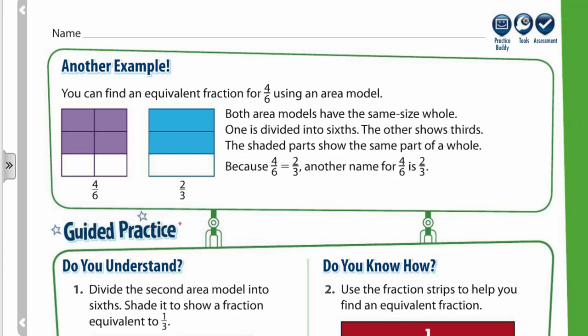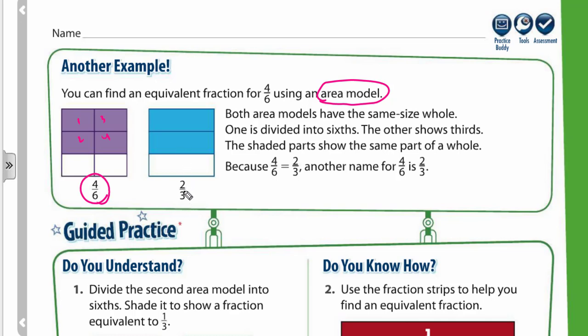And here, my heroes, we have another example, but this time we are not using strips. We are using something called an area model. In this area model, as you can see here, we have 4 out of 6. So this is 4 sectors.